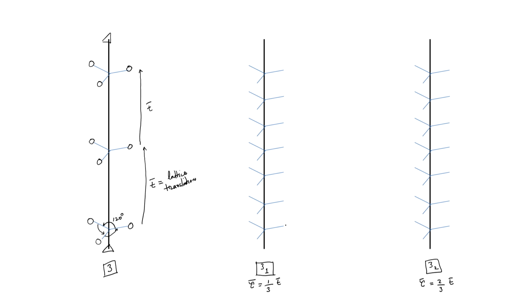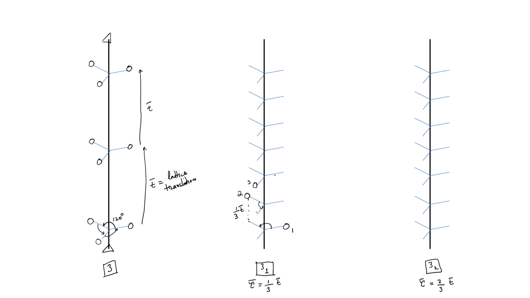Now, I put a motif here, rotate through 120 degrees, I come out here and then I go up by 1/3 the lattice translation and I reach this position. So, this is motif number 1, I reach motif number 2, another 120 degree rotation, I go up to motif number 3.